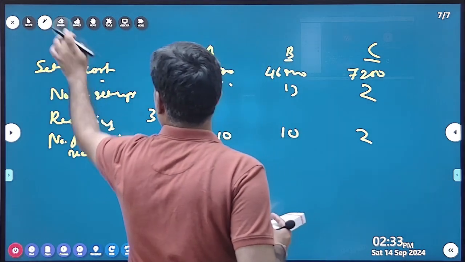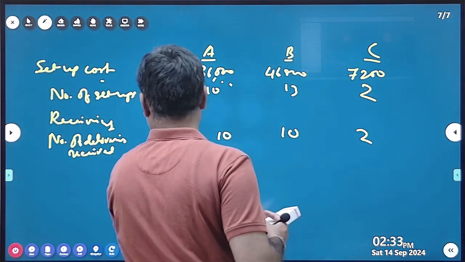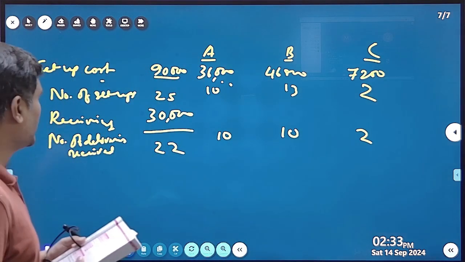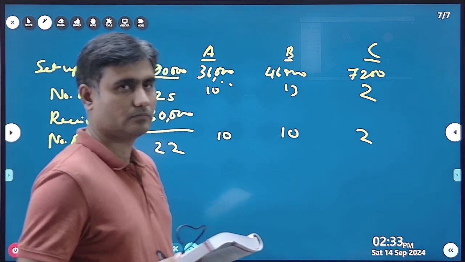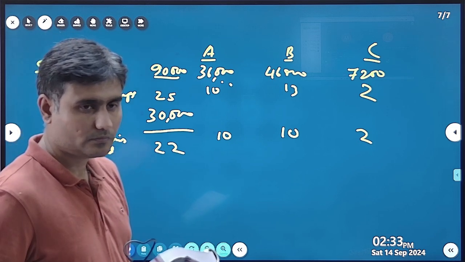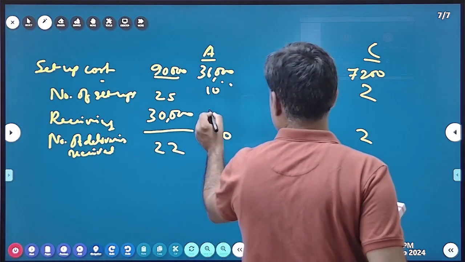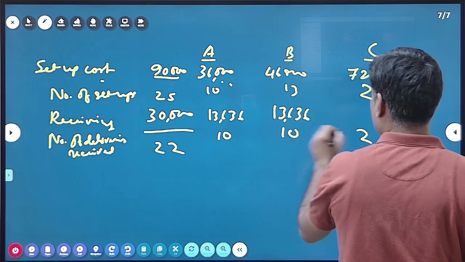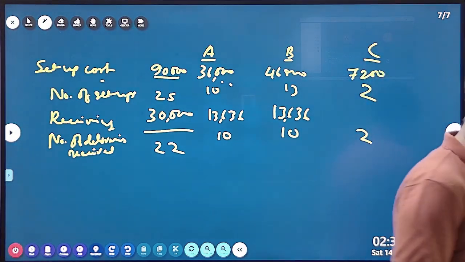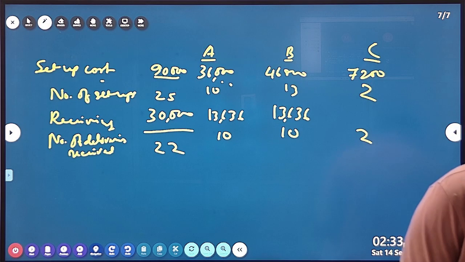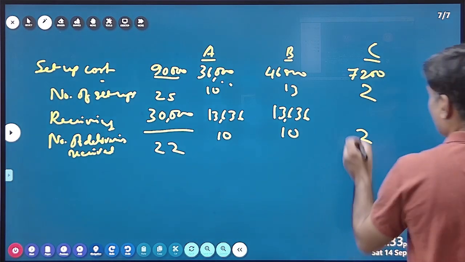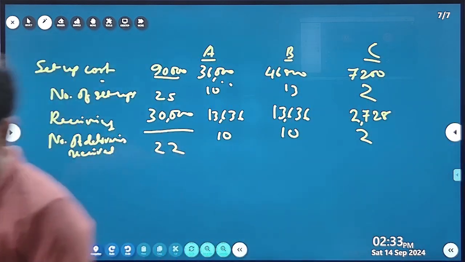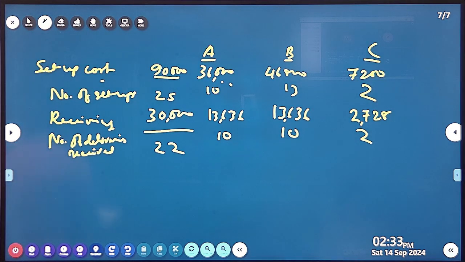It will be 22. 30,000 divided by 22 into 10 is 13,636, for this one. Then 2,727.